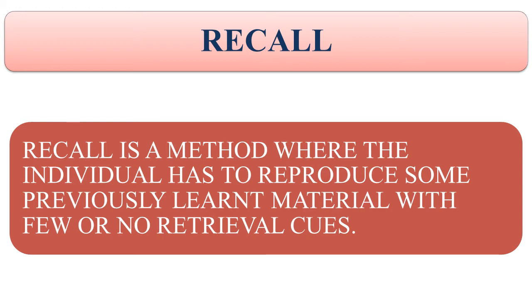Primacy effects occur when a subject is able to recall items which are present at the starting point of the list, and recency effects occur when a subject is able to recall the items which are present at the end. With primacy effects, the initial items of the list are easily remembered due to transfer to the long-term memory through rehearsal.